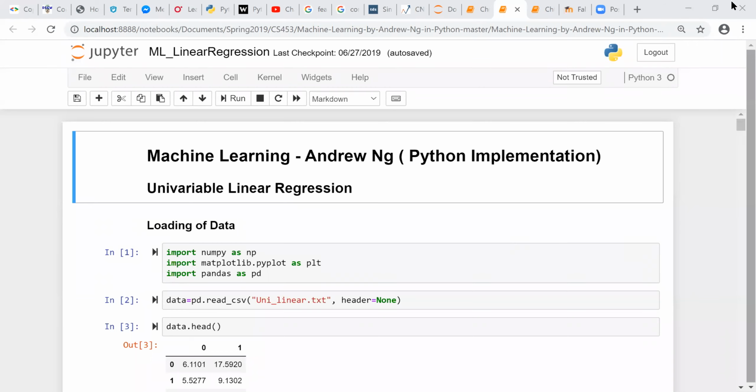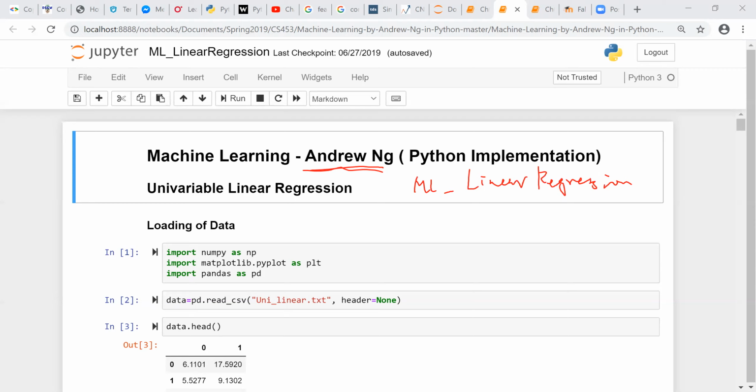On our course website, I also have the notes available. It's ML linear regression, and you should be able to find it. I took this part from Andrew Ng's machine learning material. He is a pioneer, one of the founders of machine learning.